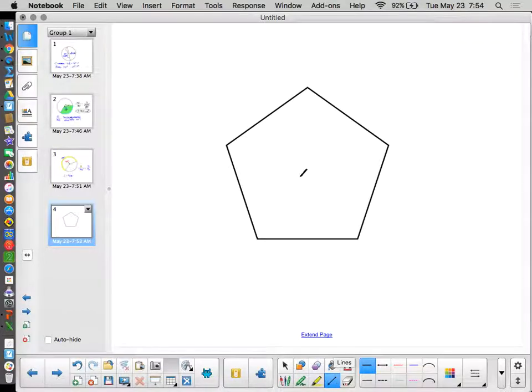I'm kind of guessing where the center is here, but that breaks the polygon into a bunch of congruent isosceles triangles. That's probably pretty close, okay? All those triangles in a regular polygon are going to be congruent and isosceles.